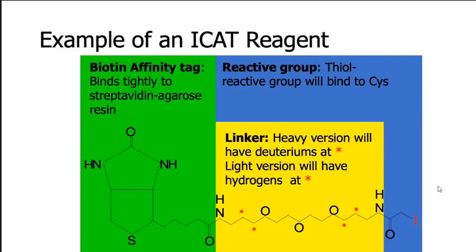If we have a cysteine residue in the protein, it binds to it. In this way, when we go to affinity chromatography, the biotin will bind to the stationary phase, and of course the thiol group binds to the protein, and in this way we label the protein and isolate it with the isotope-coded affinity tag.